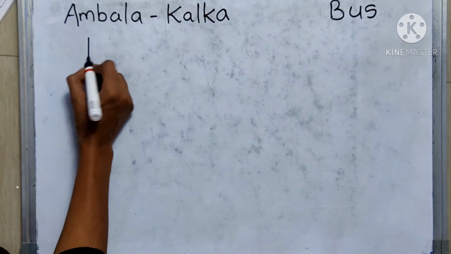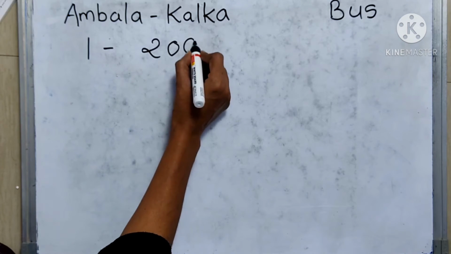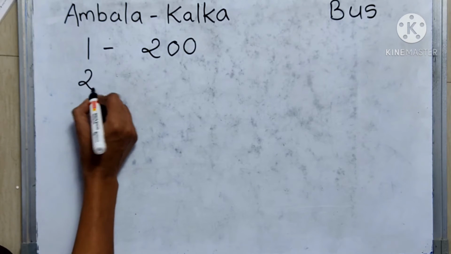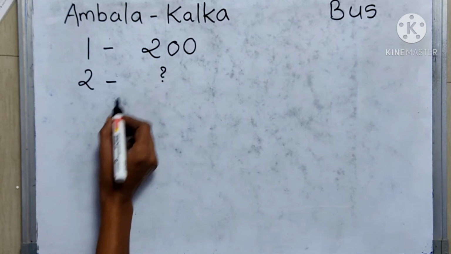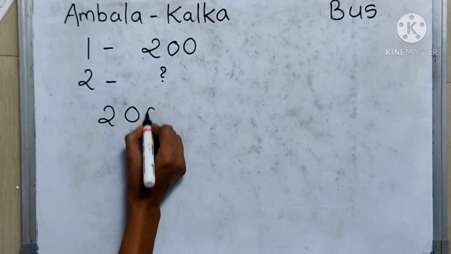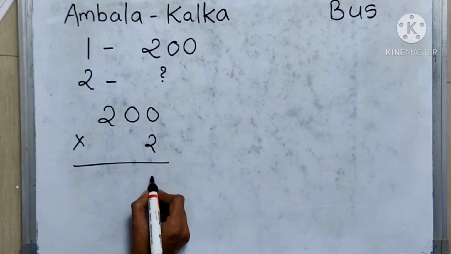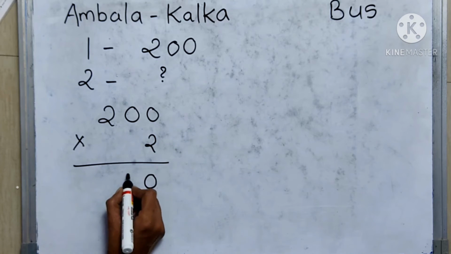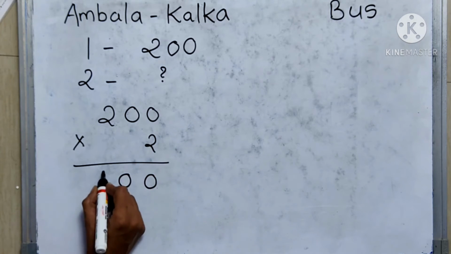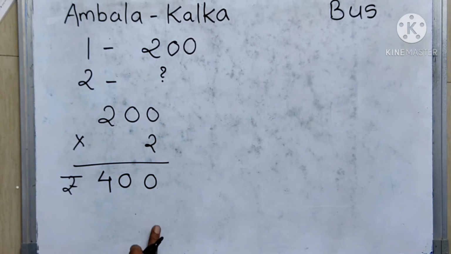For one person, the ticket is 200 rupees and we have to find out the ticket of 2 persons. We will use the multiplication method. 200 multiply by 2, 2 0s are 0, 2 2s are 4. So the answer is 400 rupees.